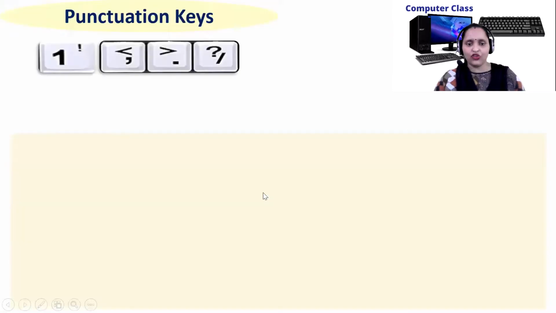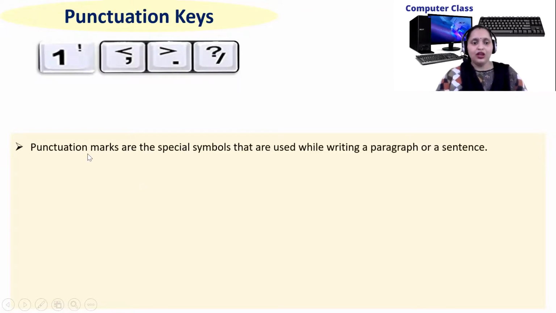Okay, let's move on to the next keys. These keys are known as punctuation keys. Punctuation marks are the special symbols that are used while writing a paragraph or a sentence.